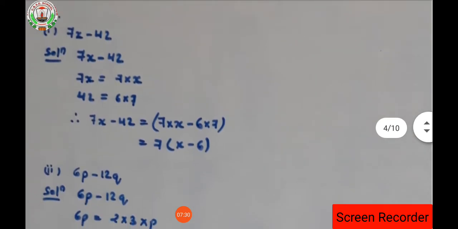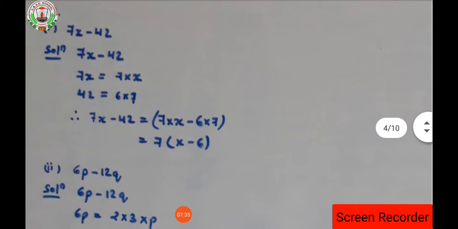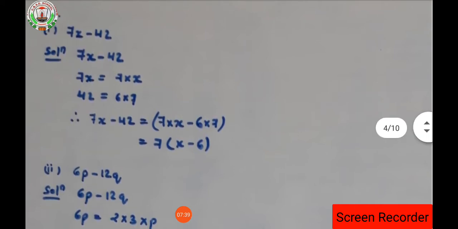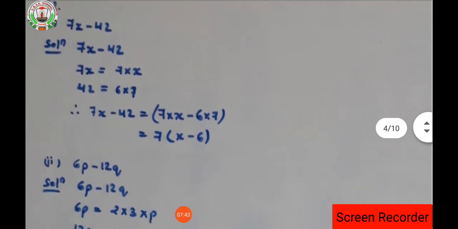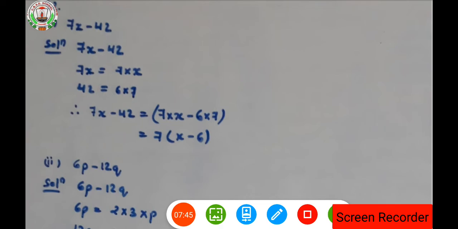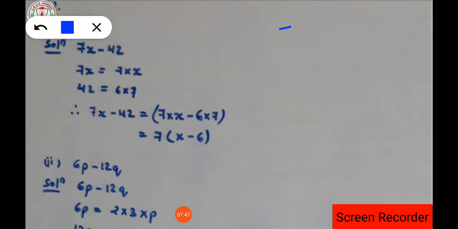Next is the second question. In question number 2, what you have to do is factorize the numbers. Clear? So see question number 2. The question we are having is 7x minus 42. Now for this 7x, how can it be written?